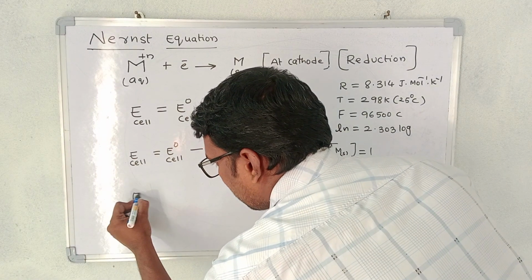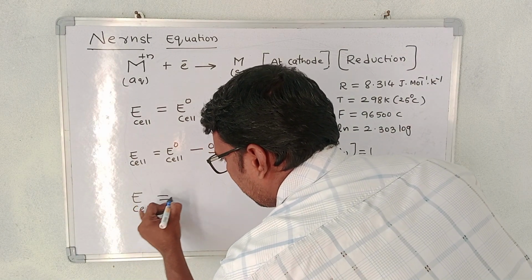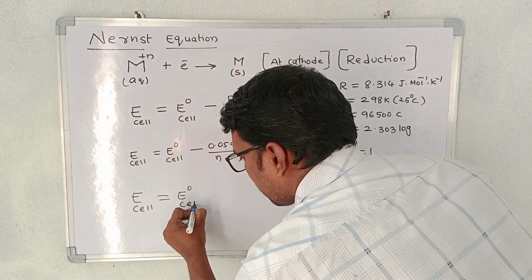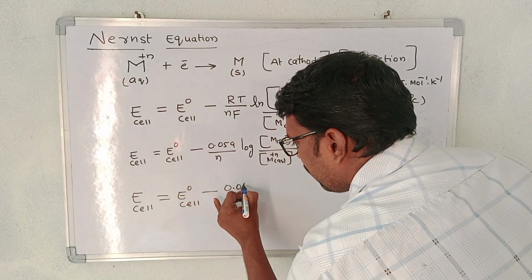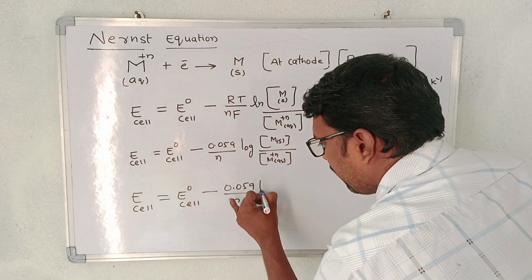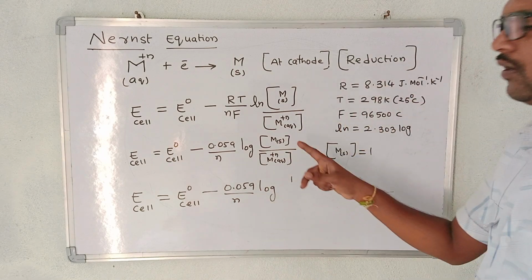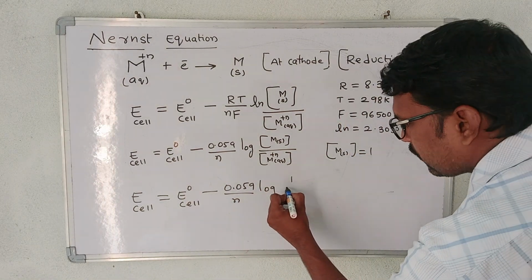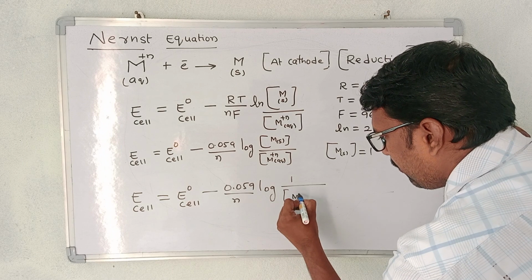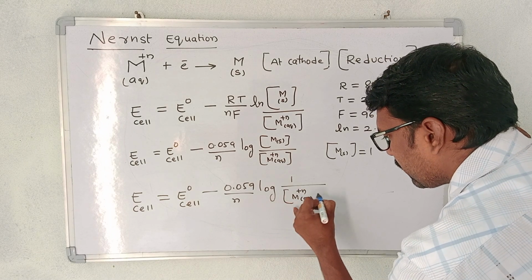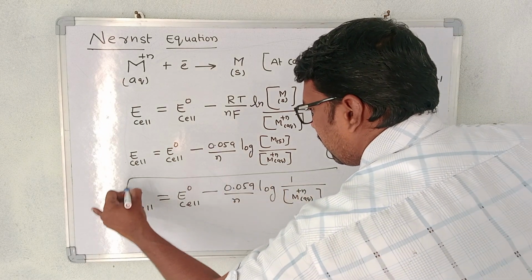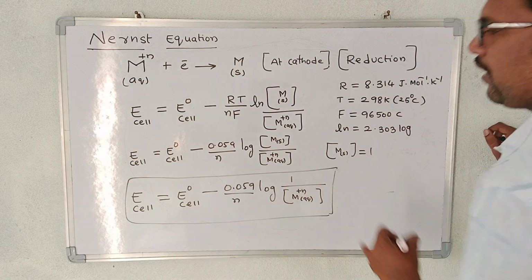Then the Nernst equation can be written as E cell is equal to E naught cell minus 0.059 by n log, where the concentration of metal is taken as 1, so 1 by M^n+ aqueous. It is the Nernst equation for this half-cell reaction.